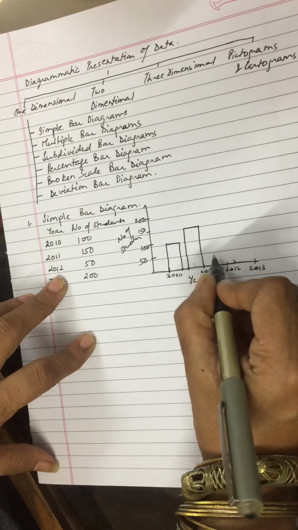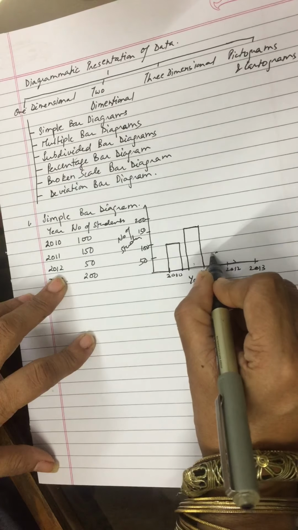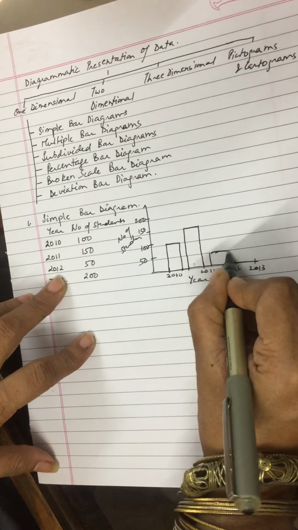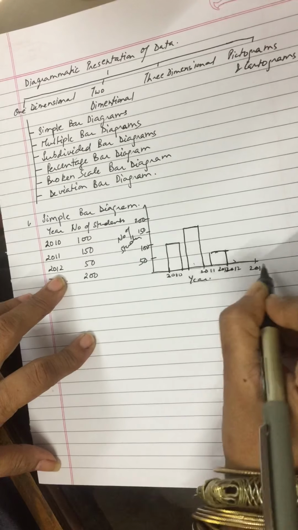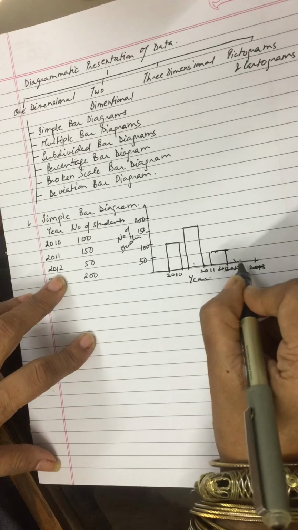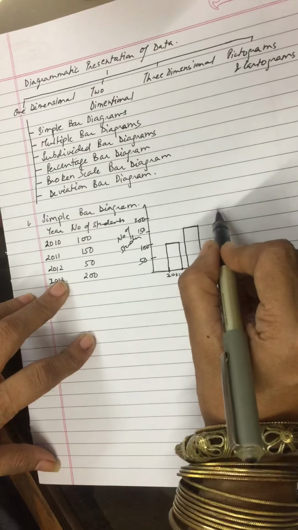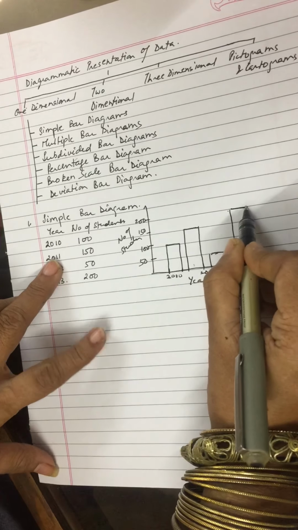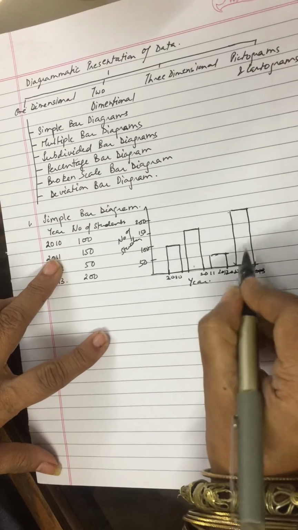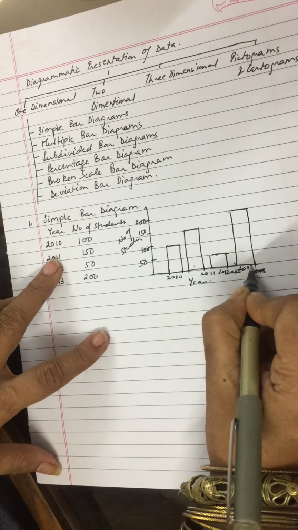Now 2012, the value is 50. I'm just taking it close by. So this is your 50. This is for 2012. And the last value that you have, 2013, the value is 200. So I'm just going to draw the bar for 2013.